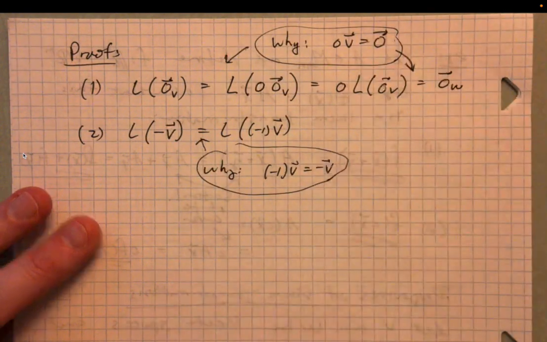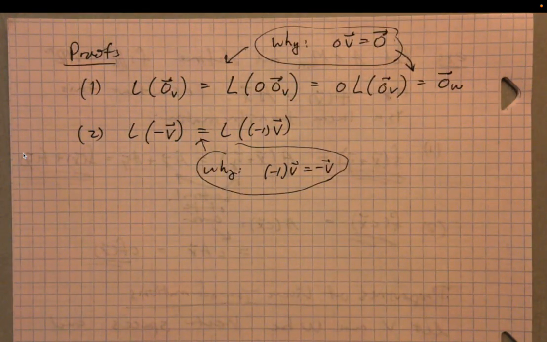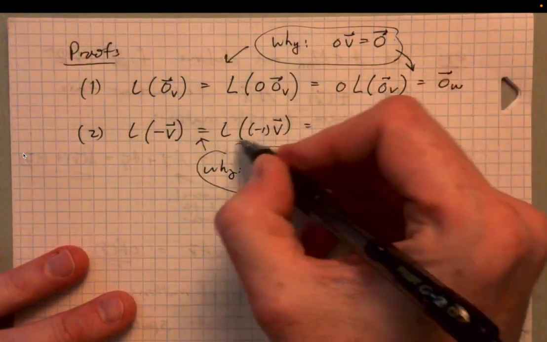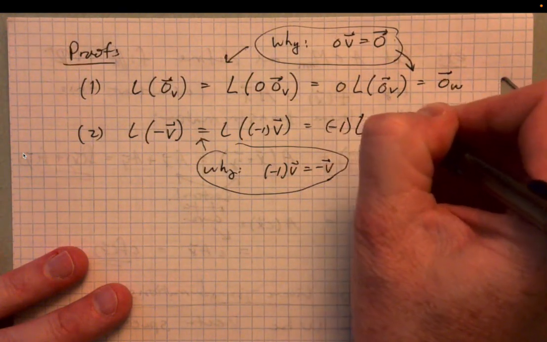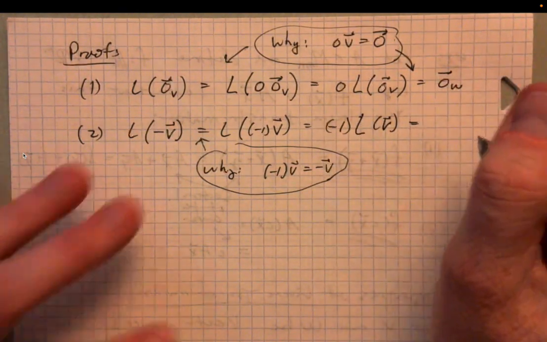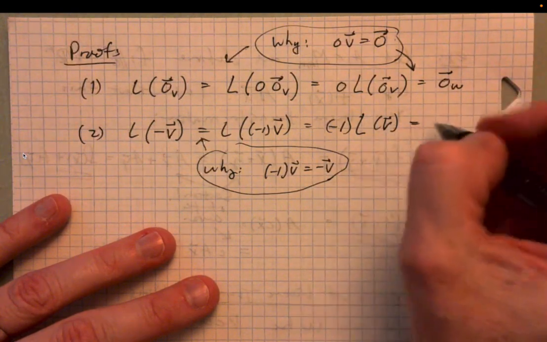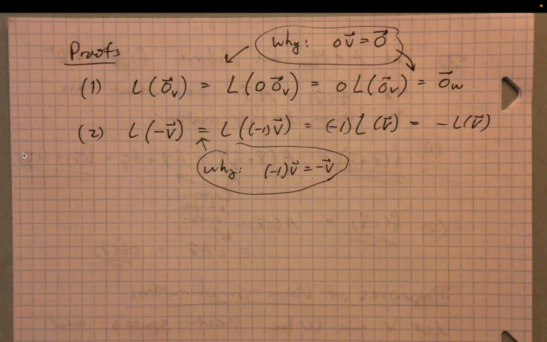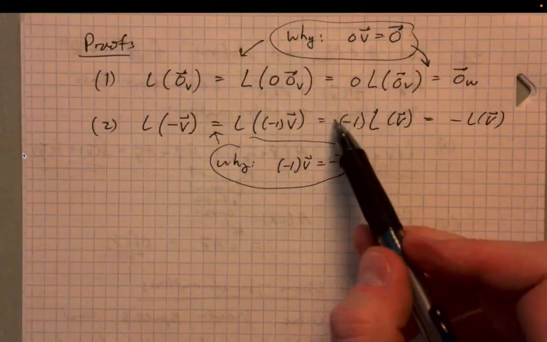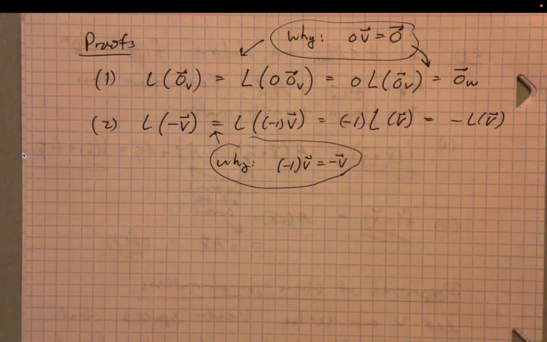Again, you have to go back and look at the early stuff on vector spaces. And so we can pull the scalar out. We just saw that. So negative 1 times L of v, and so we get negative L of v, which is what we're trying to prove. Okay, that's good enough, right? L of v is a vector, and negative 1 times a vector is the negative vector, right?